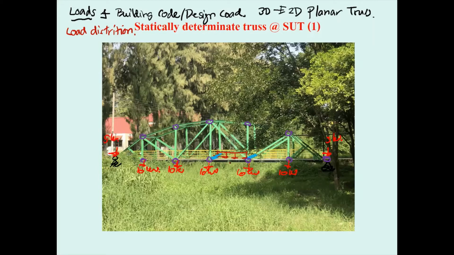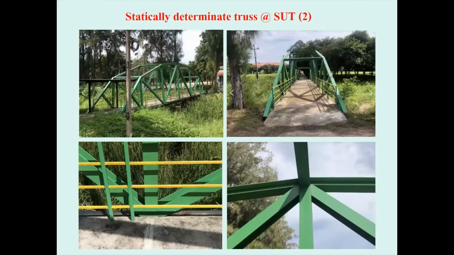So the load is applied at the joints, and the joints are assumed to be frictionless pins. In reality, the construction of the joint is not a pin, it's welded. But don't worry, I have proved in theory of structures by analysis, using a computer program, that no matter whether you assume the joint to be fixed or pinned, the result is the same.